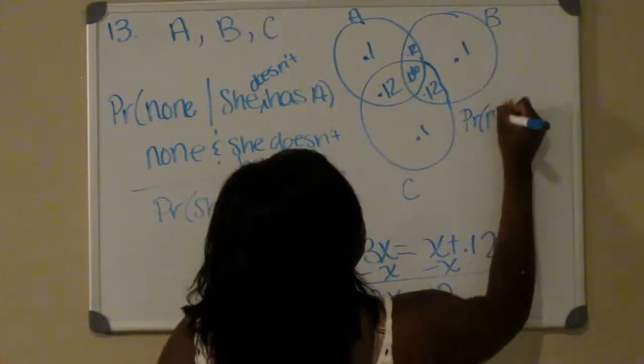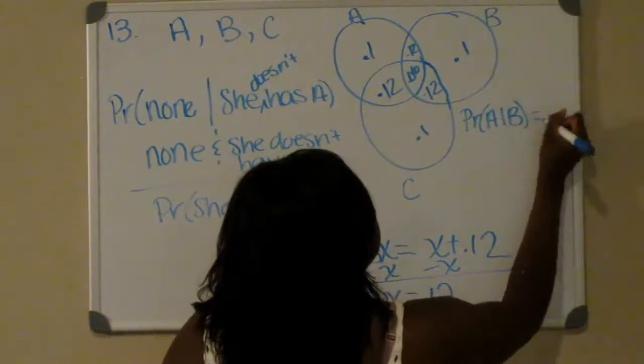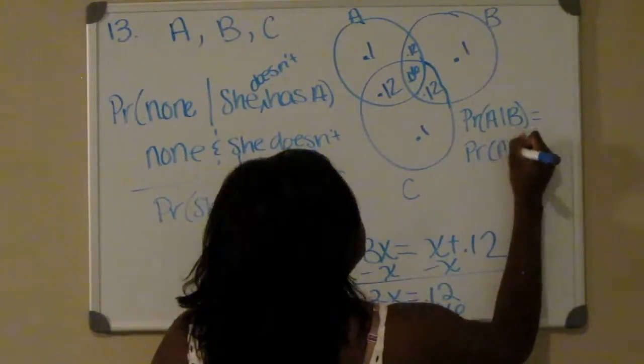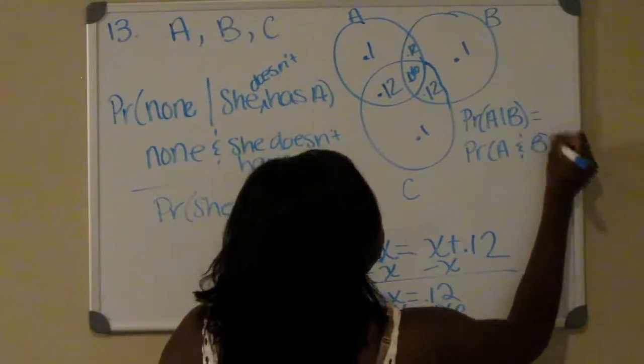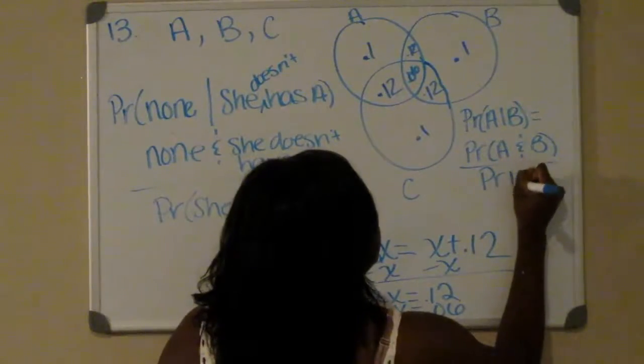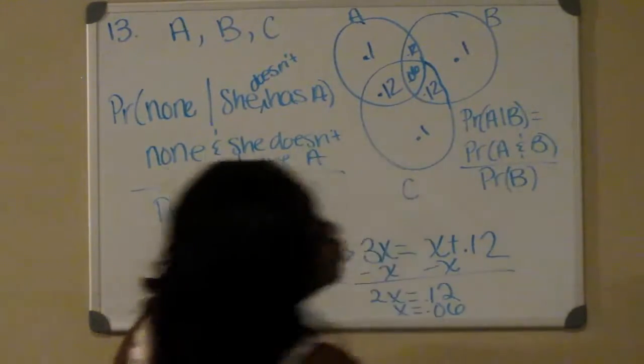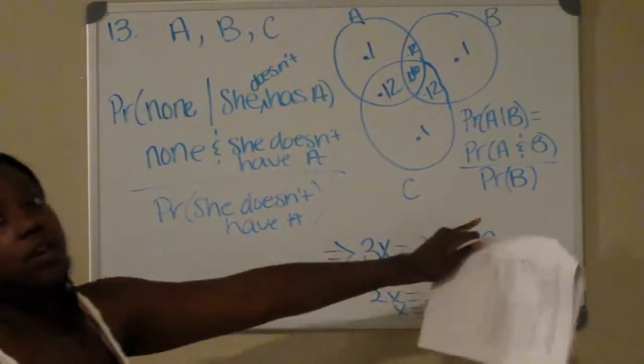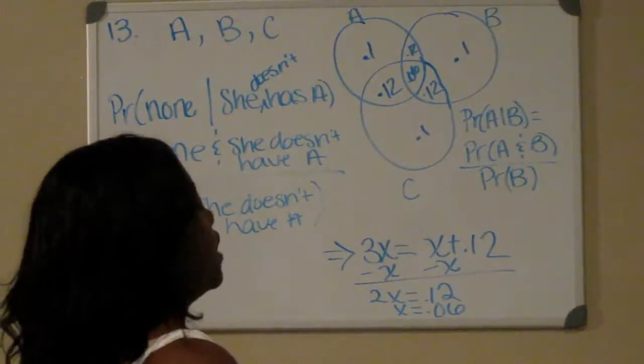Whenever you have given, A given B is equal to the probability of A and B, all of that divided by the probability of B. This is so helpful to know. You need to know that. Definitely need to know that.